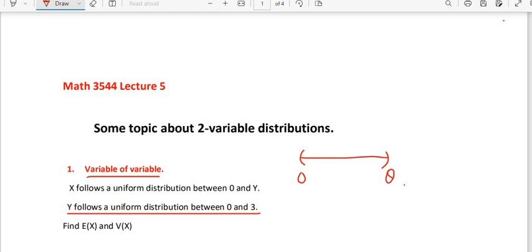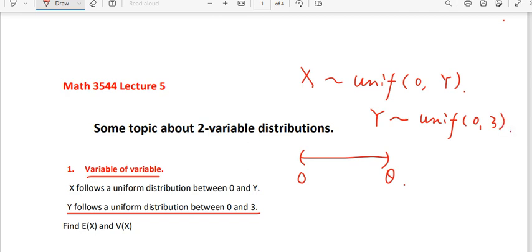So here we say x follows a uniform distribution between 0 and y, and y also follows some other distribution, let's say a uniform distribution between 0 and 3.